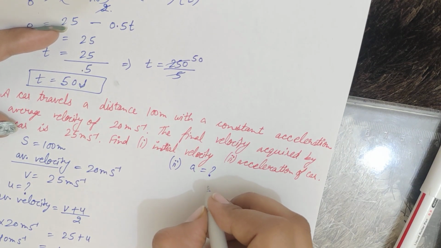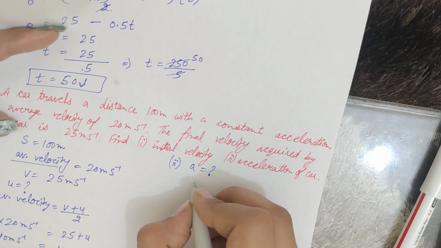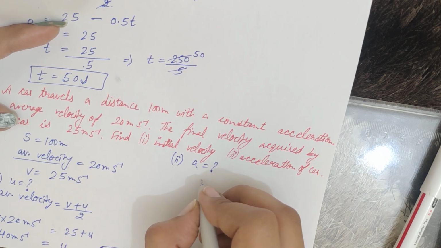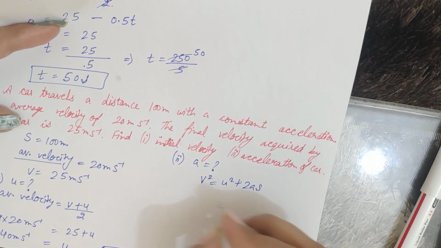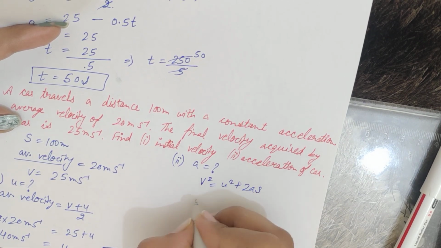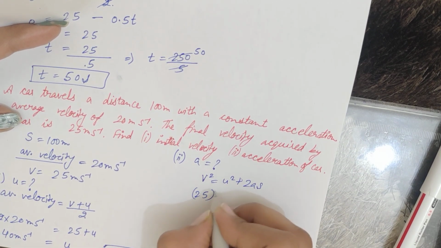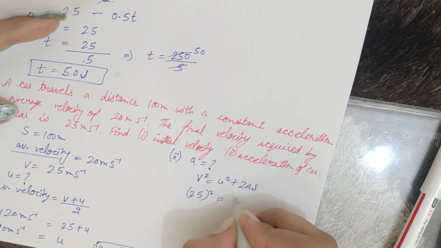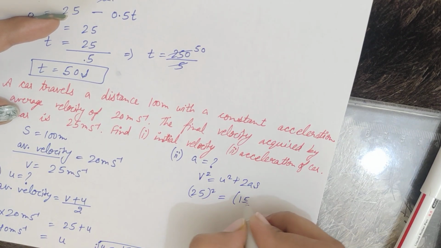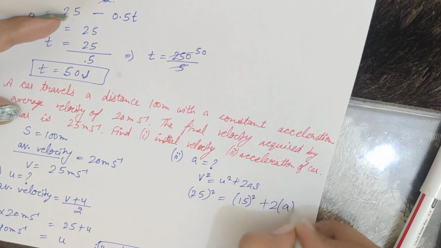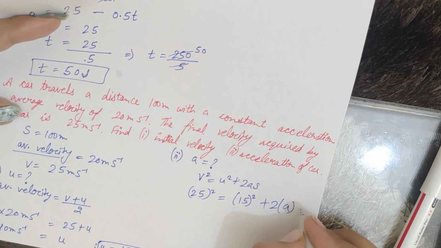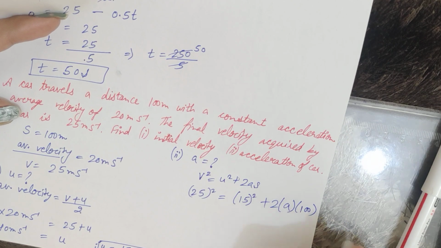Second, we need to find out the acceleration. For acceleration we can use the equation of motion, v square is equal to u square plus 2as. Yes, this equation is appropriate. v square is 25 square, equal to u square, which we just found, that is 15 square, plus 2 into a, the value we need to find. s is given as 100, and it is already in meters.